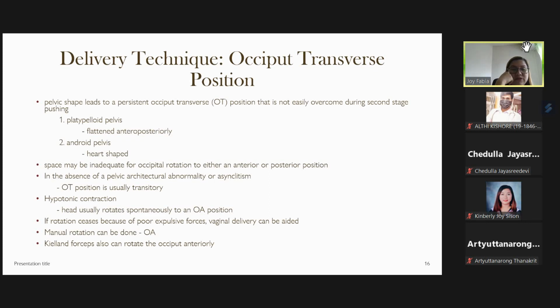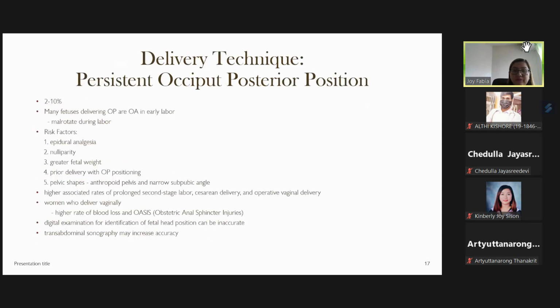Yun yung ideal position kasi in delivering the baby. It should be occiput anterior. Aside from manual rotation, they can also use the Kielland forceps, which can rotate the occiput anteriorly. For the persistent occiput posterior position, this occurs in around 2 to 10%.